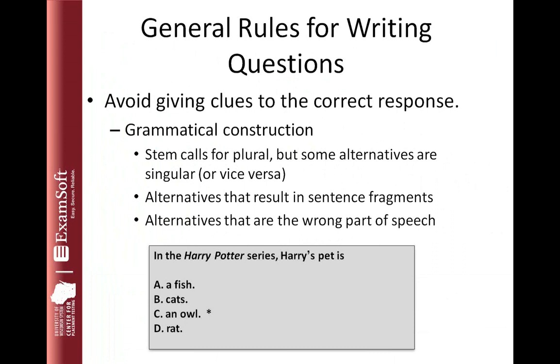So for example, in the Harry Potter series, Harry's pet is cats. The item stem calls for the answer to be singular and cats is plural. So this automatically tells a student that B is not the correct answer. Or Harry's pet is rat. This results in a sentence fragment since it doesn't say a rat, which is also a clue that that's not the correct answer.